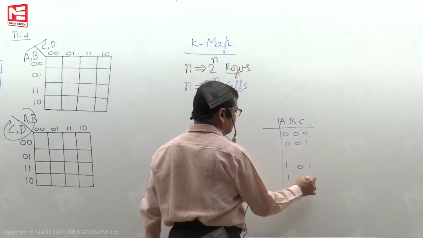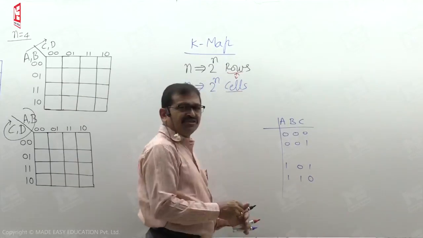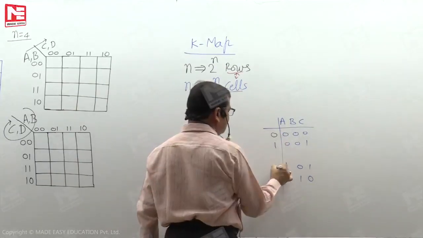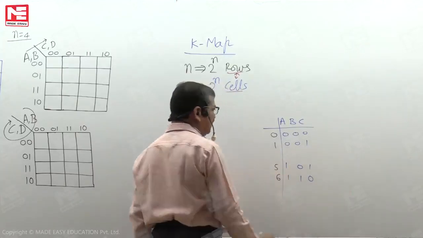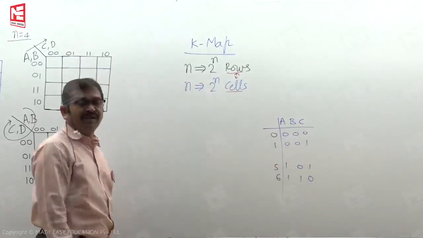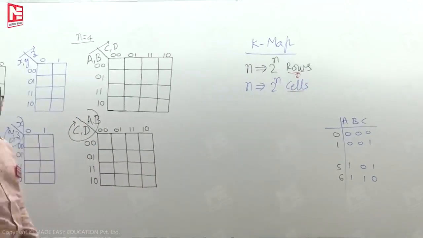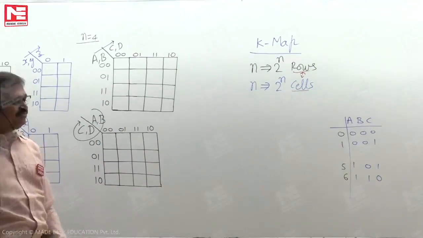And to the left side of each row, we prefer to write its equivalent decimal number. It's a normal practice for us most of the time.